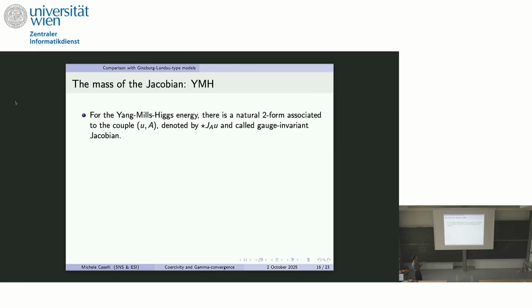There is a two-form associated with the couple (u, A) that is called the gauge invariant Jacobian, and I will not define it. The point I want to make is just the following: whatever this object is, which is the parallel of the Jacobian, one can prove very easily the following pointwise estimate.